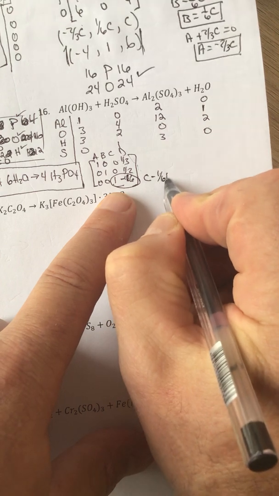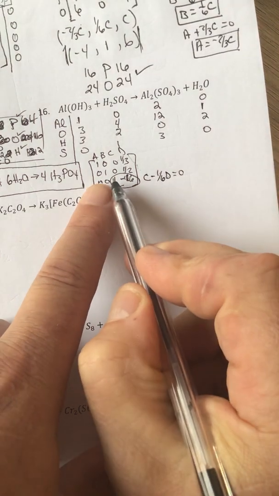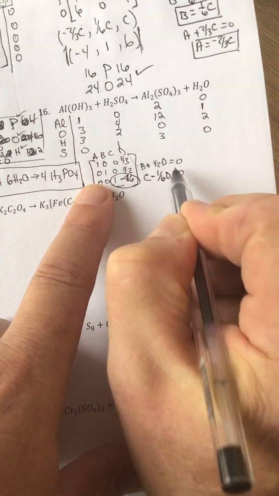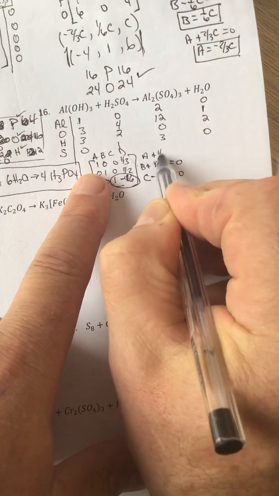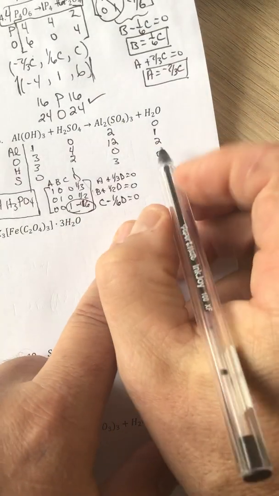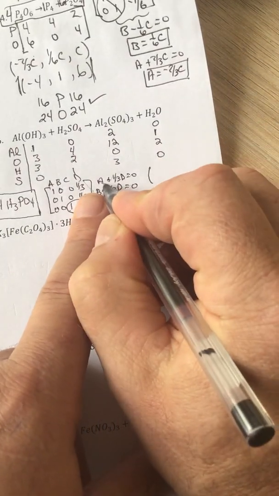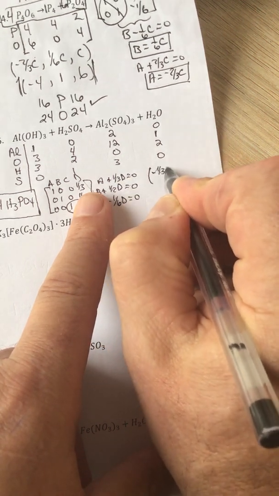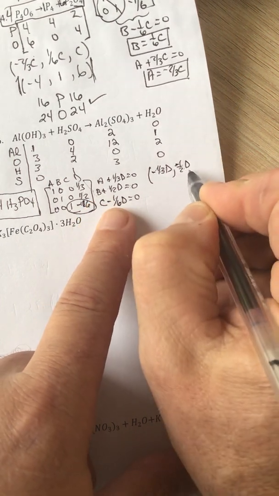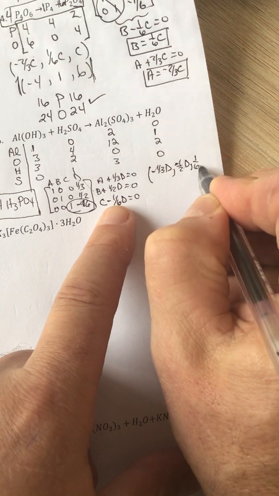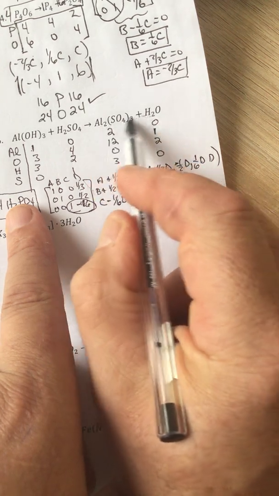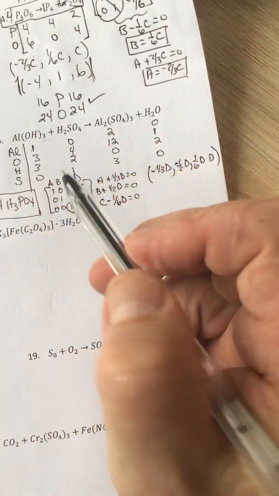C minus 1/6 D. Here's B with D, so B plus 1/2 D. And here I have A plus 1/3 D. So my relationship then is A, if I move the D to the other side, is negative 1/3 D. B will be negative 1/2 D. Move this to the other side will be 1/6 D and D. So see how these two are positive, they're on the same side, that's representing those two, and these two are negative, that's representing the other side.